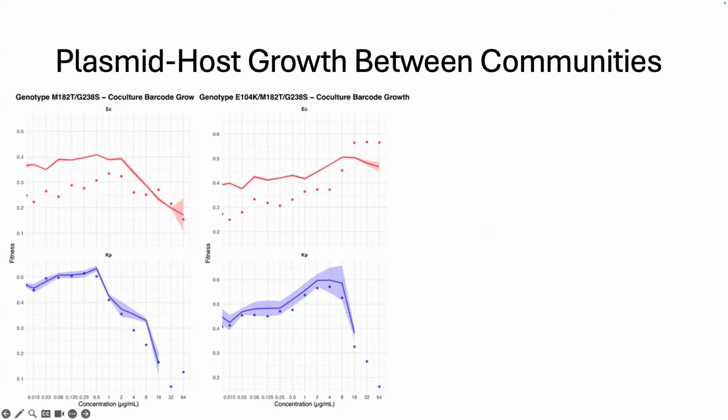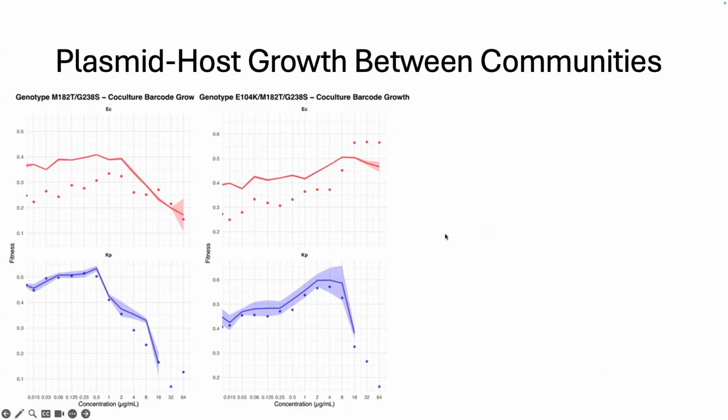So here we're looking at the actual plasmid host growth between communities. The unconnected points here, these dots represent fitness values of the same plasmid genotypes hosted by E. coli in red or Klebsiella in blue. The genotype is listed right here.